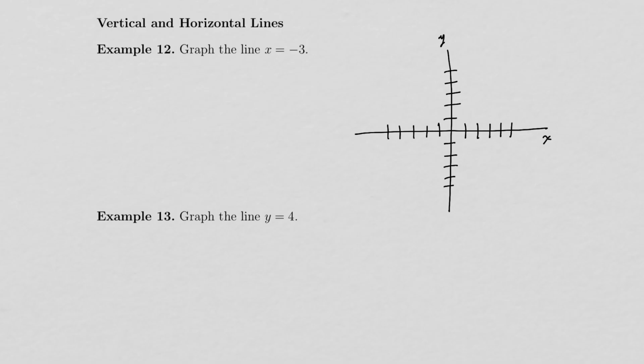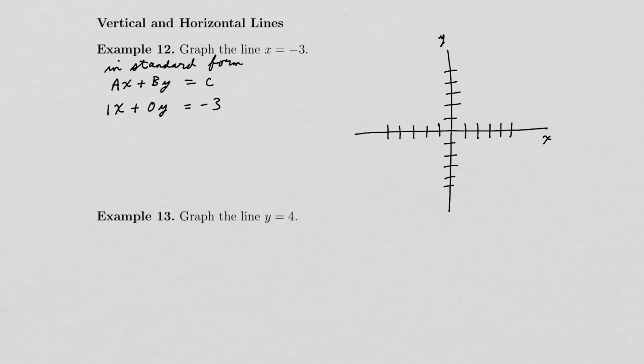First, let's look at what this equation looks like in standard form. Remember, in standard form, it's ax plus by is equal to c. So I could write this as 1x. There is no y term, so I could write the b as 0 times y, because that will still equal 0. And that's equal to negative 3.